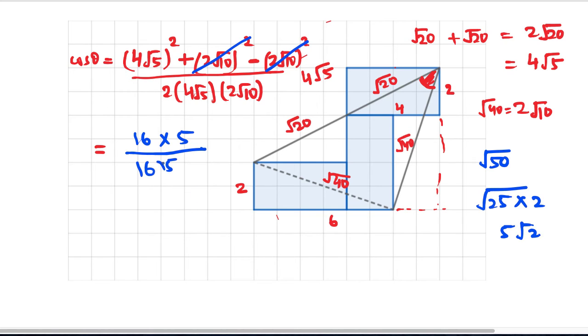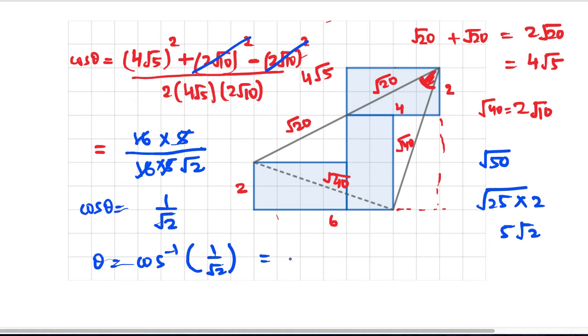So we got cos theta is equal to 1 by square root of 2. Theta is equal to cos inverse 1 over square root of 2, which is 45 degrees or pi by 4 radians, if we are talking about radians.